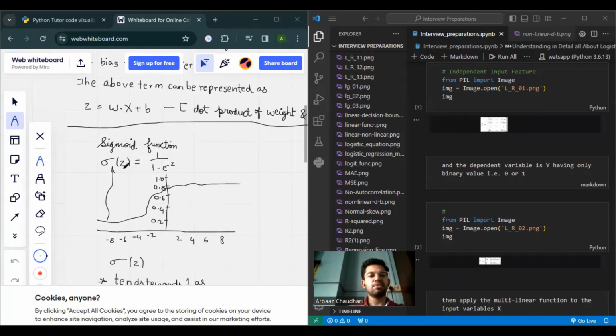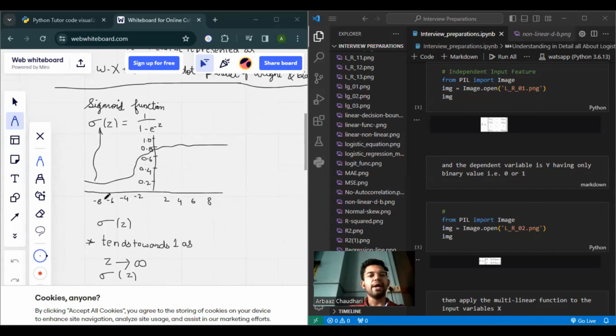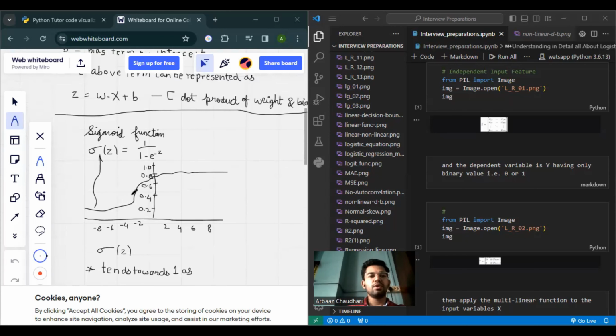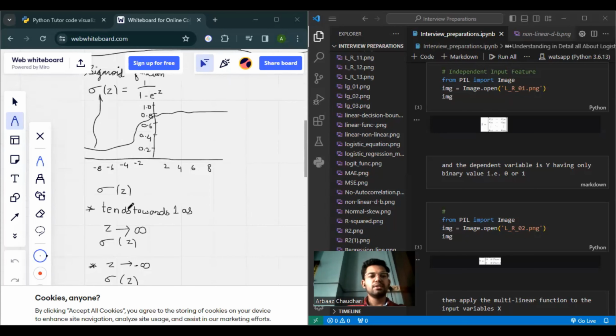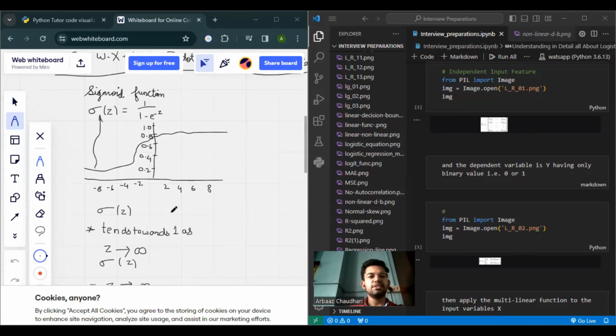The formula for that is: sigma of z is equal to 1 divided by 1 plus e raised to minus z. With this function, we are able to get y in the range of 0 to 1. Here you can see it goes from 0 to 1.0, converting our y.